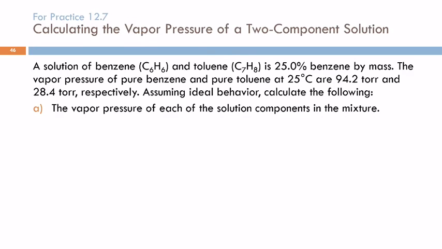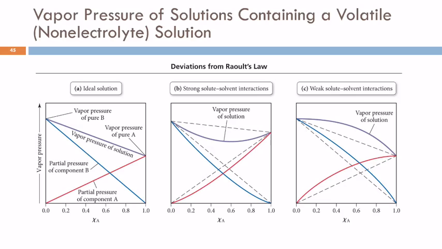The stronger these interactions, the more bowing you get. And the weaker those interactions are, the more bowing in the other direction.